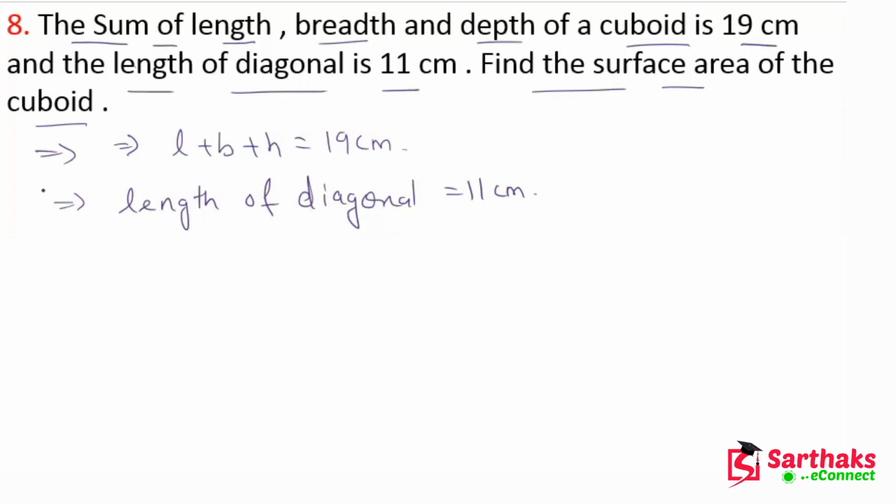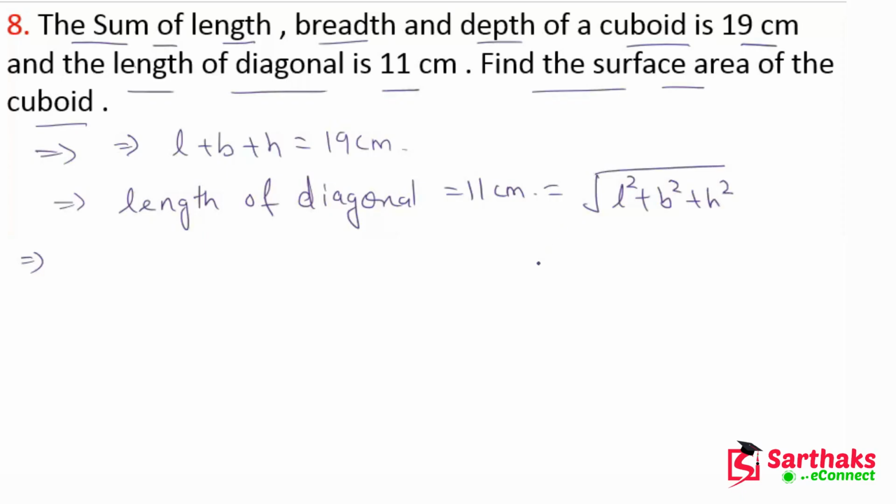Okay my dear friends, I hope you get this point. Now we know that in previous lectures we learnt the formula of diagonal of cuboid. The formula of diagonal is under root L square plus B square plus H square.